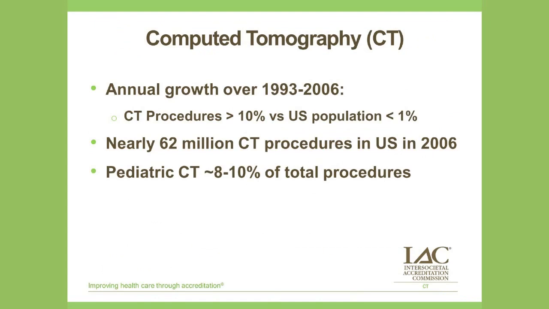So annual growth, CT procedures in 1993 were less than 1% of the U.S. population having a CT procedure annually, and now over 10% get a CT procedure annually. And so in 2006, there were 62 million CT procedures in the U.S. And it's important to note that pediatric CT, and we'll talk about dangers to pediatric patients, was 8 to 10% of the total procedures. So that's significant as well in terms of radiation safety and the impact on public dose.